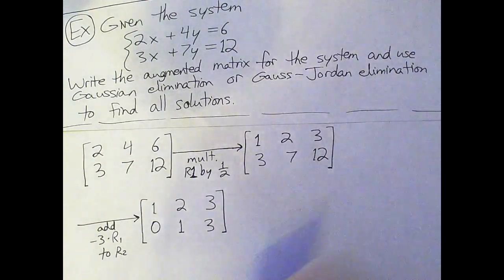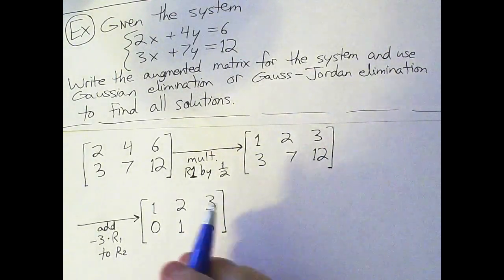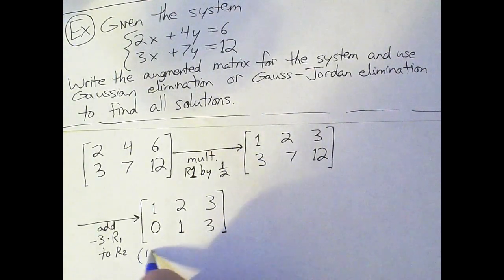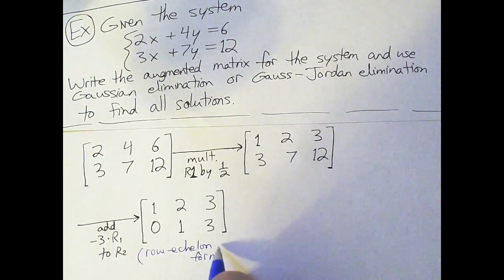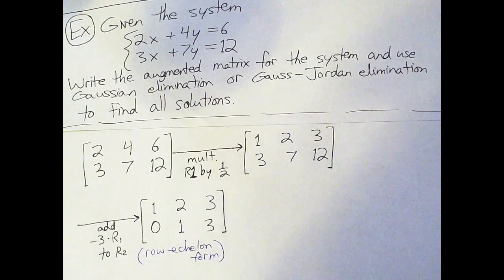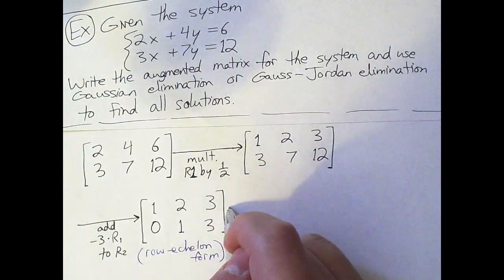At this point, we already have finished Gaussian elimination because this is row echelon form. It's not reduced row echelon form, though. But you could work with this. You could do back substitution from here to find the answer. But I decided this is a small enough problem, and I said, you know what?